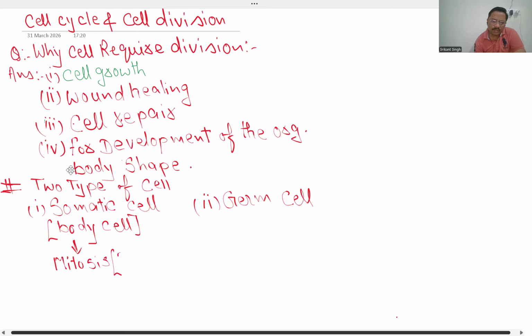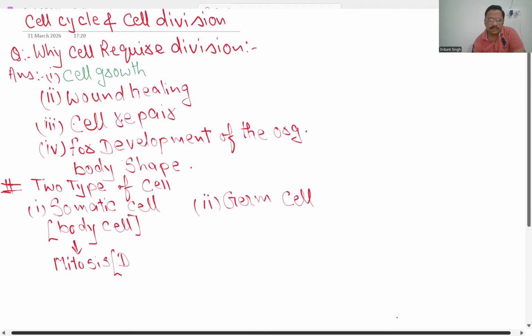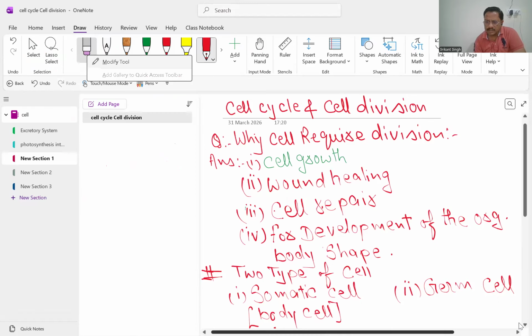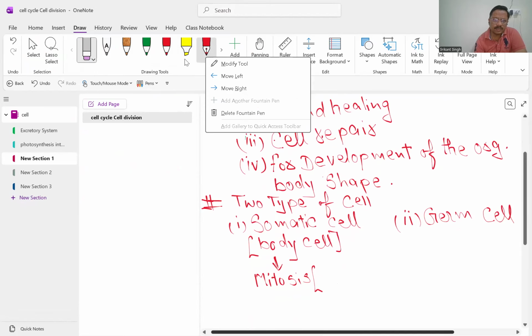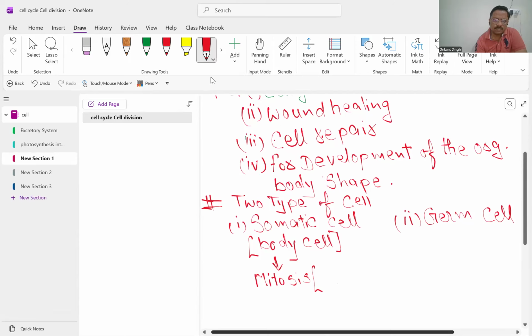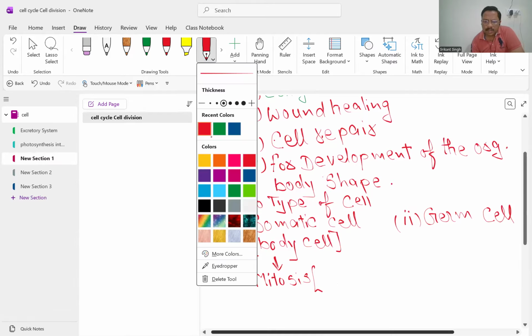It is called a differentiated cell. Mitosis is also called equational division, always remember.